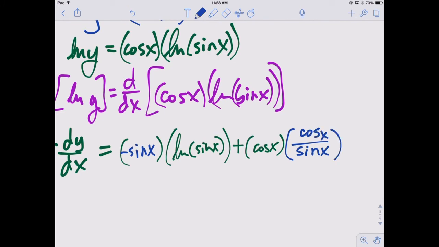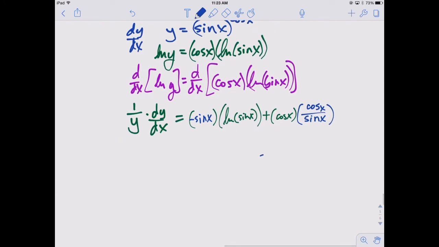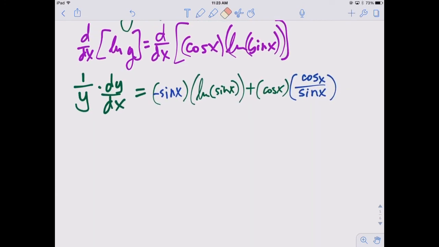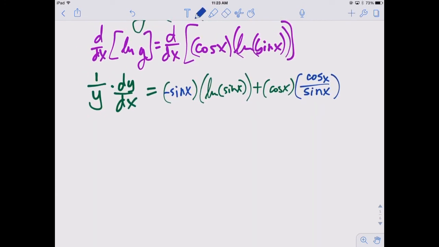Cosine. Oh my gosh, the derivative of the natural log of sine of x is cosine over sine, also known as cotangent. That's good to know. I wonder what the antiderivative of cotangent is, if there is such a thing. Okay, just thinking ahead. Let's go ahead and finish the problem up here.